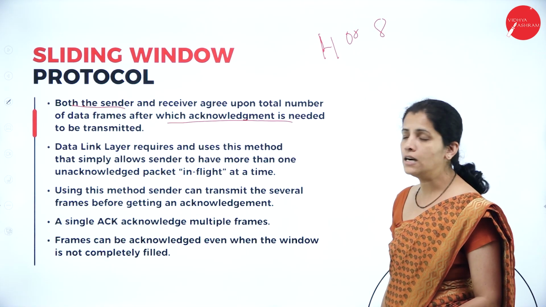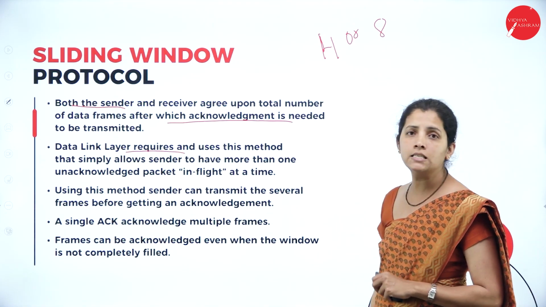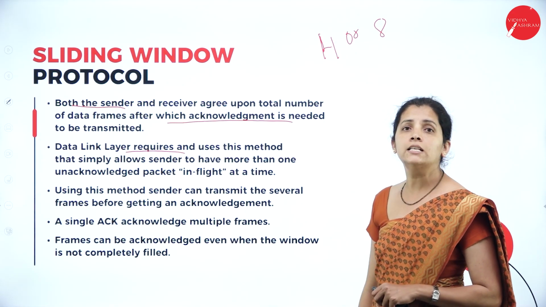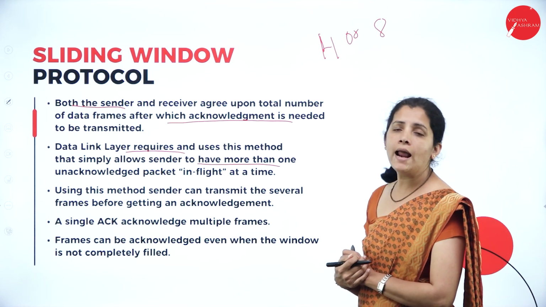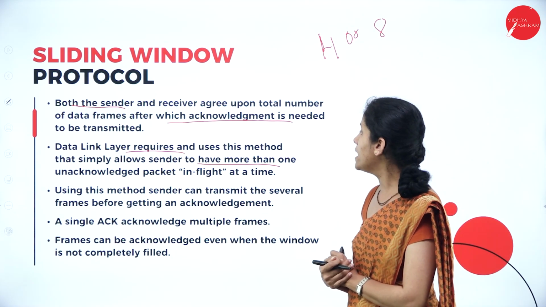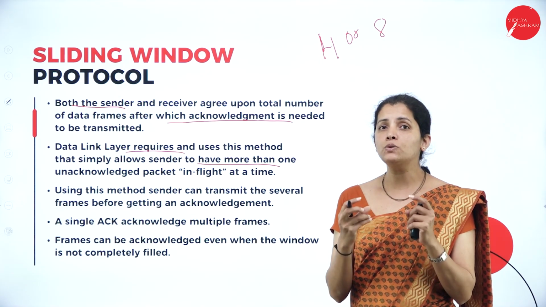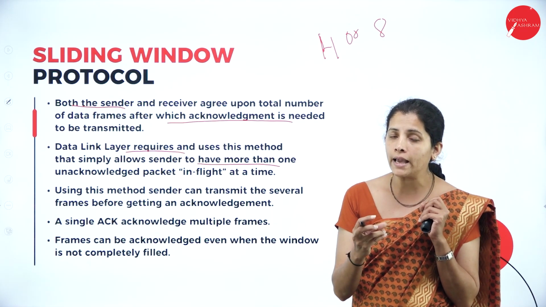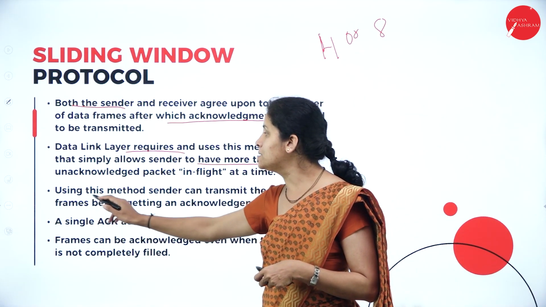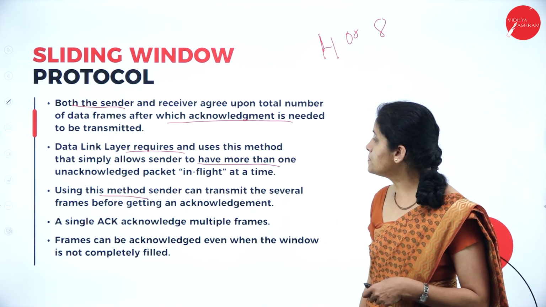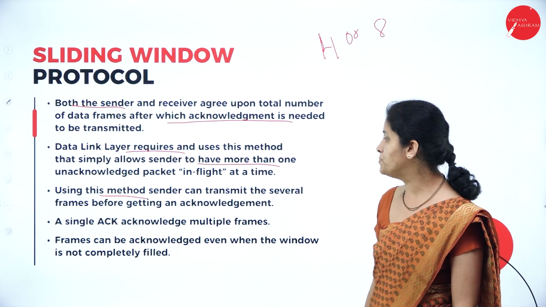The data link layer uses this method because it allows the sender to have more than one unacknowledged packet in flight at a time. So the sender can send a large amount of packets or frames without acknowledgement. Using this method, the sender can transmit several frames before receiving any acknowledgement.